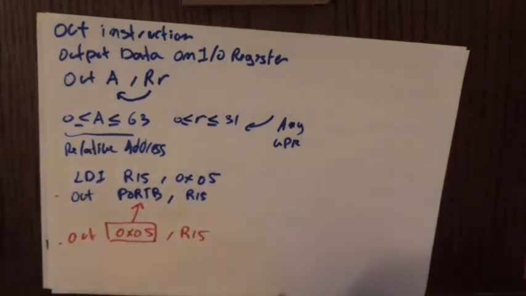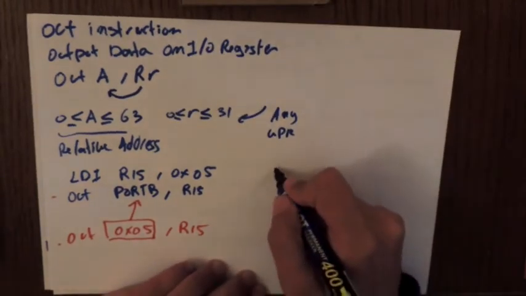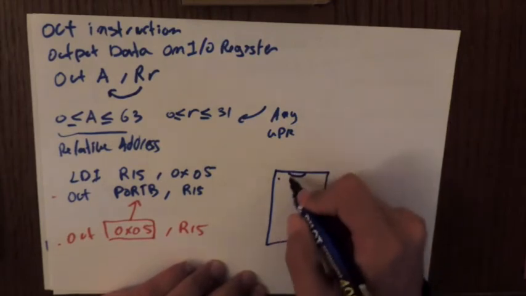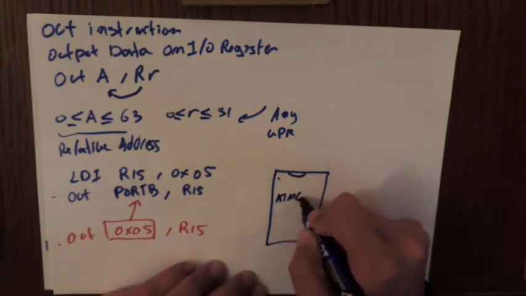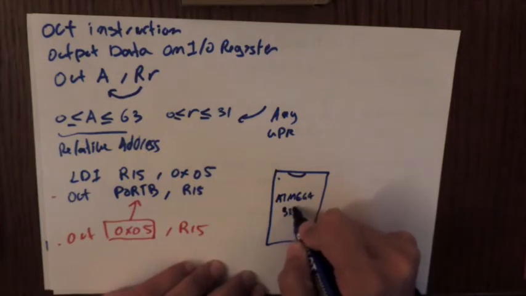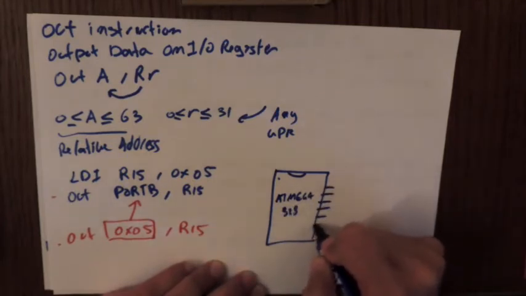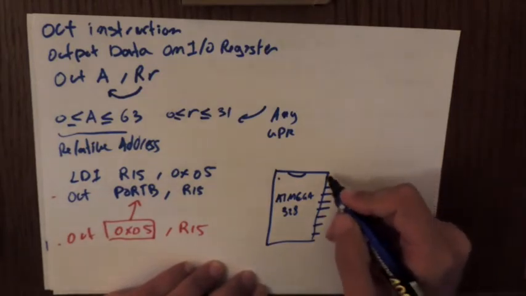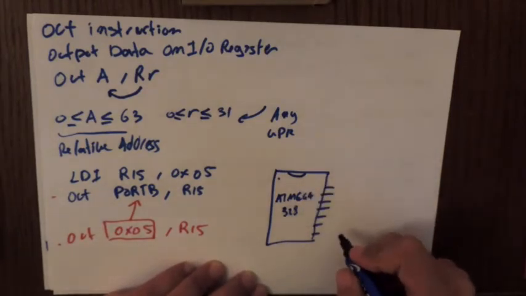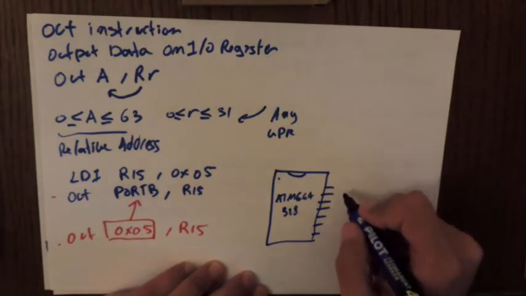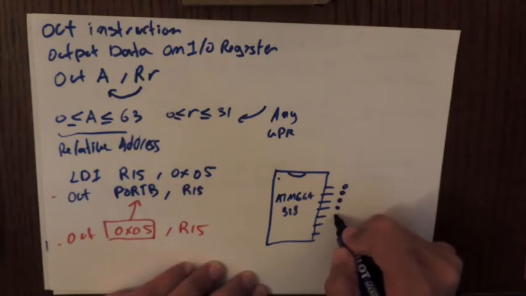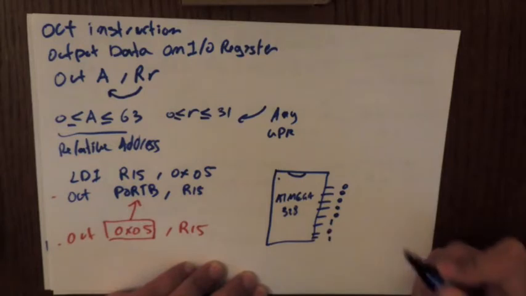Actually, if I draw a small microcontroller like this, and this is the Atmega328. Let's say this is port B, 1, 2, 3, 4, 5, 6, 7, 8. Of course, this is 8 bits, so port B is 8 bits. So what happens is that I have 0, 0, 0, 0, 0, 1, 0, 1.